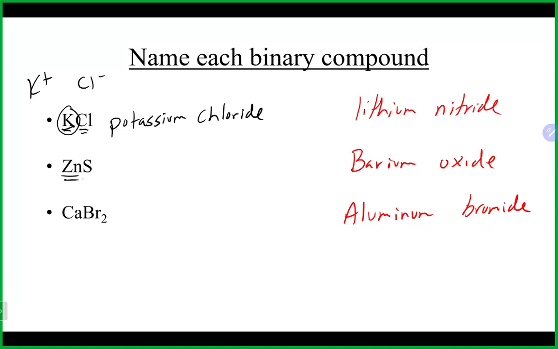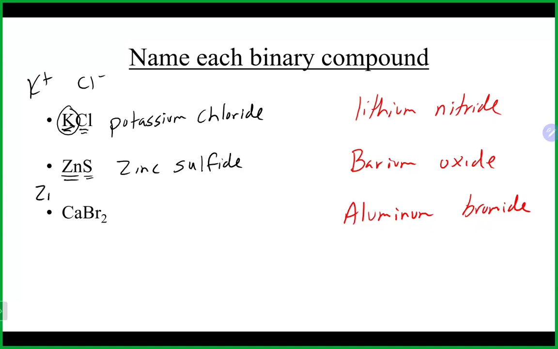This is zinc, which is a metal, sulfur, which is a non-metal. Zinc is a transition metal, but it is one of those ones that have a fixed positive charge. So it does fall under type 1. And that means that we would roll with the whole name of our metal. And this would be sulfide.